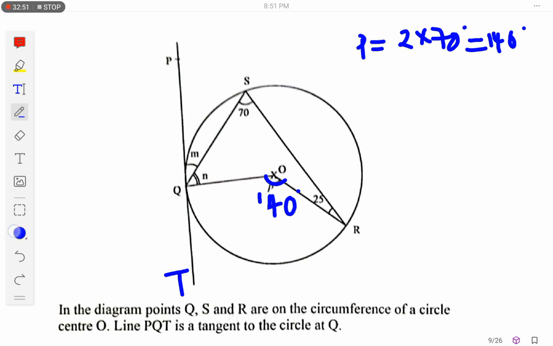I can also now find this angle here. Angles at a point add up to 360. So the reflex angle there is going to be 360 degrees minus 140. I will get 220 degrees here. So this is 220 degrees.